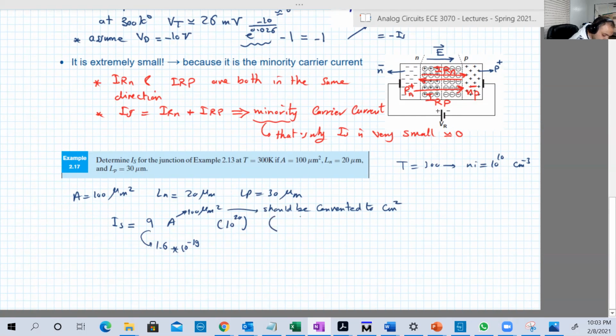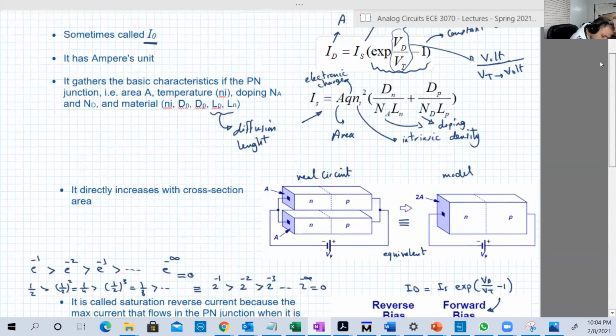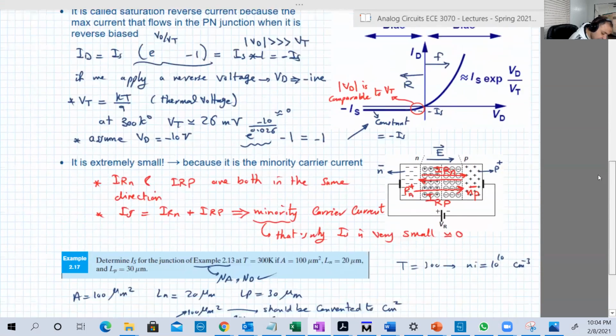Then in a bracket, Dn over Ln Na. Na can be obtained from the example, so Na and Nd are mentioned there. This is Na, and Dn over Ln.